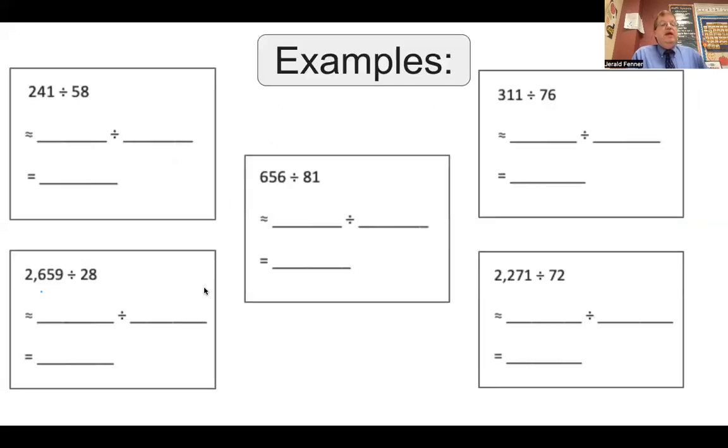So now we get to this page. And we see the very first problem is 241 divided by 58. So once again, always round the divisor first. 58 is our divisor. So what's that going to round to? It's going to round to 60.